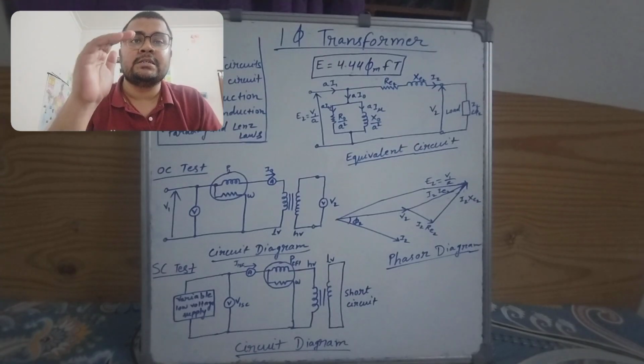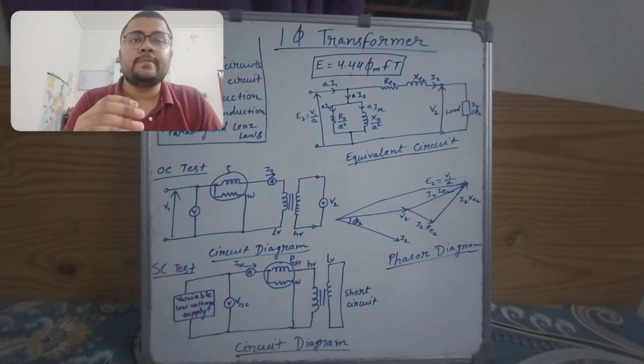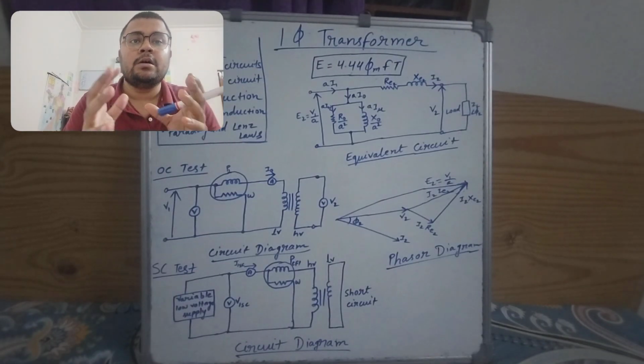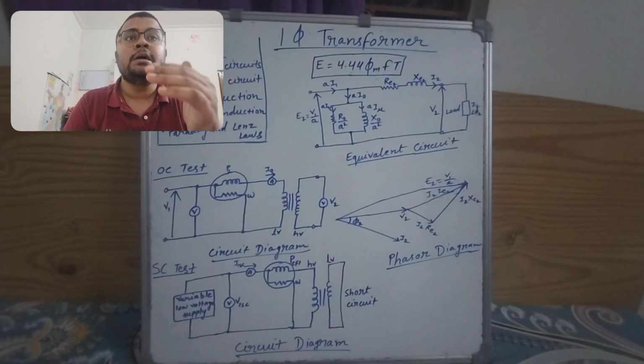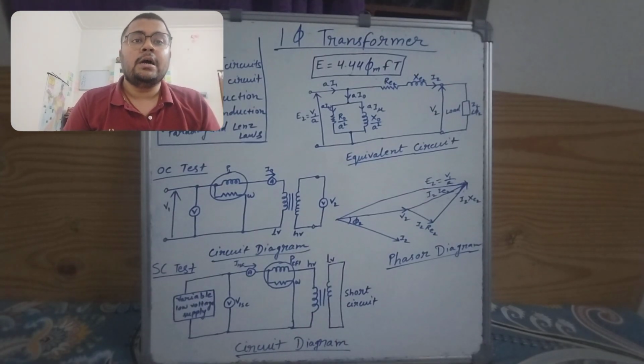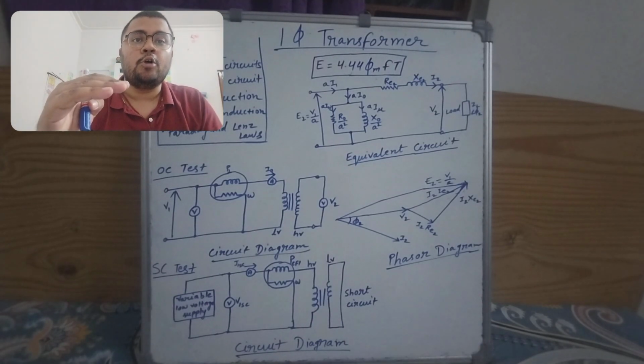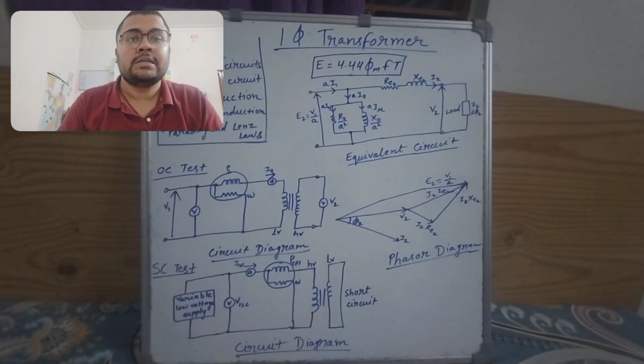If we divide the values by A square, we can also get RE1, XE1 and ZE1. This is how we calculate the parameters seen in the equivalent circuit using the open circuit test and short circuit test.